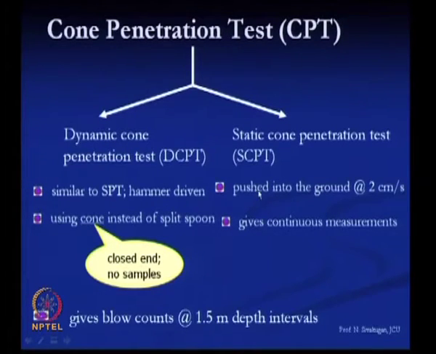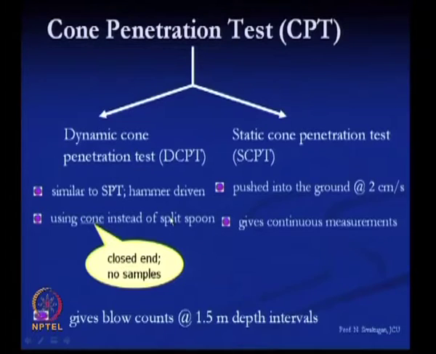It is pushed into the soil in the ground at a rate of 2 centimeters per second. That means the cone is penetrated into the soil at a rate of 2 centimeters per second, whereas in the dynamic test the cone is hammer driven.